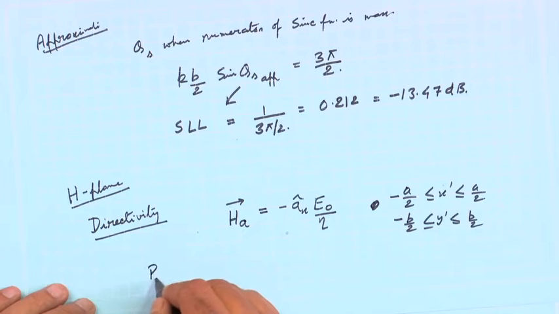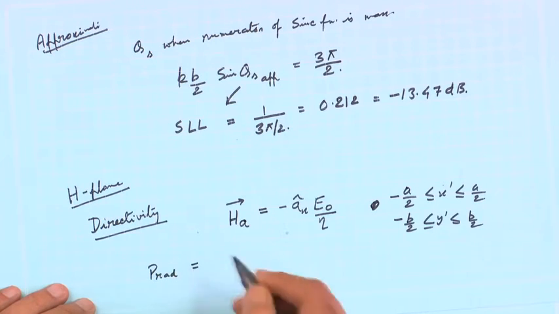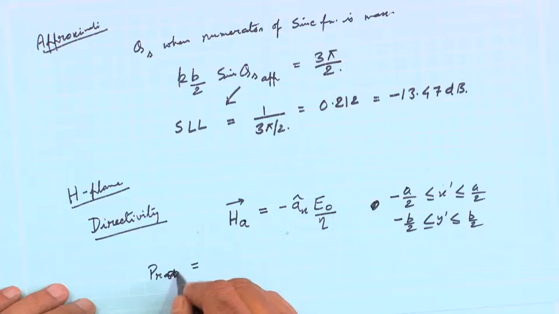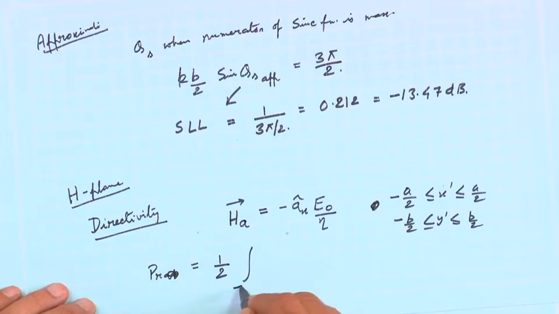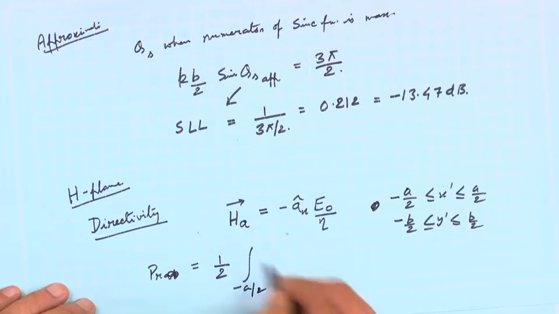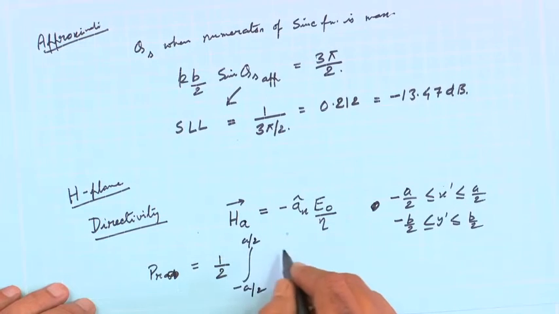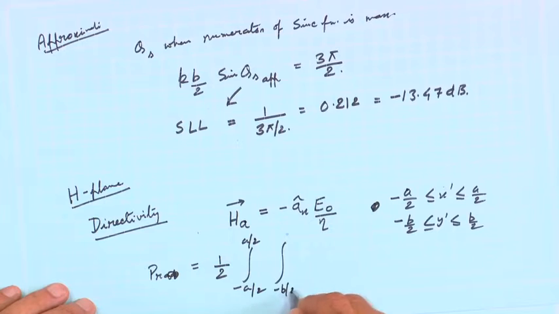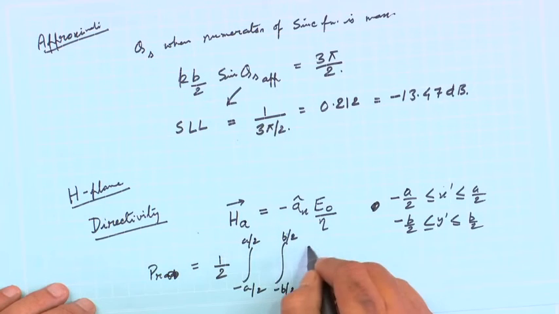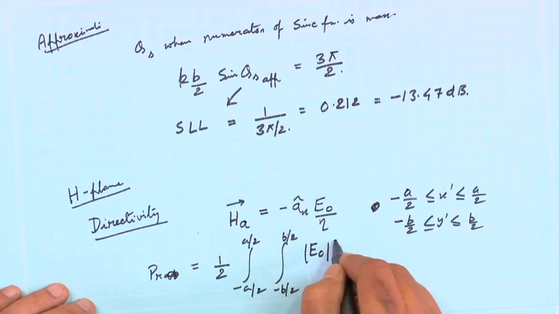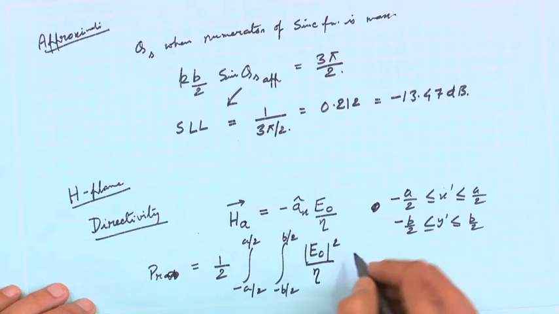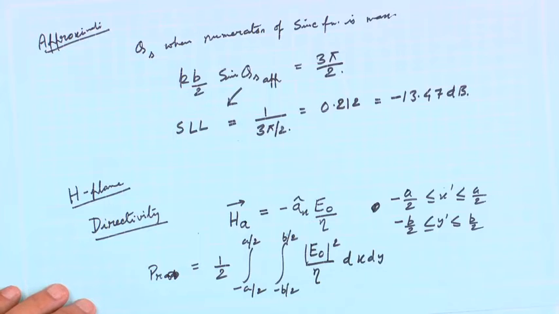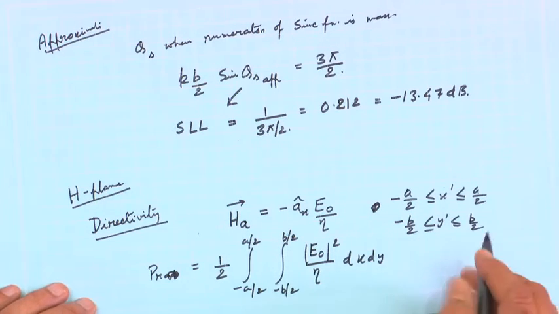So, you can find P rad, let us say PR, because we have that time used PR. So, half you integrate over the aperture, A by 2, minus B by 2, B by 2, E naught square by eta and dx dy, because your surface area of the waveguide will be z directed. So, dot product that will cancel.